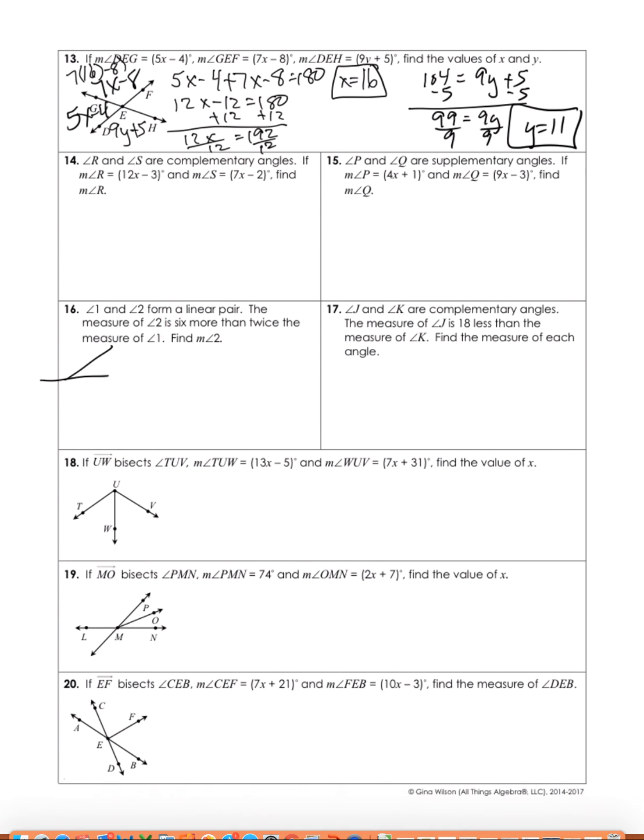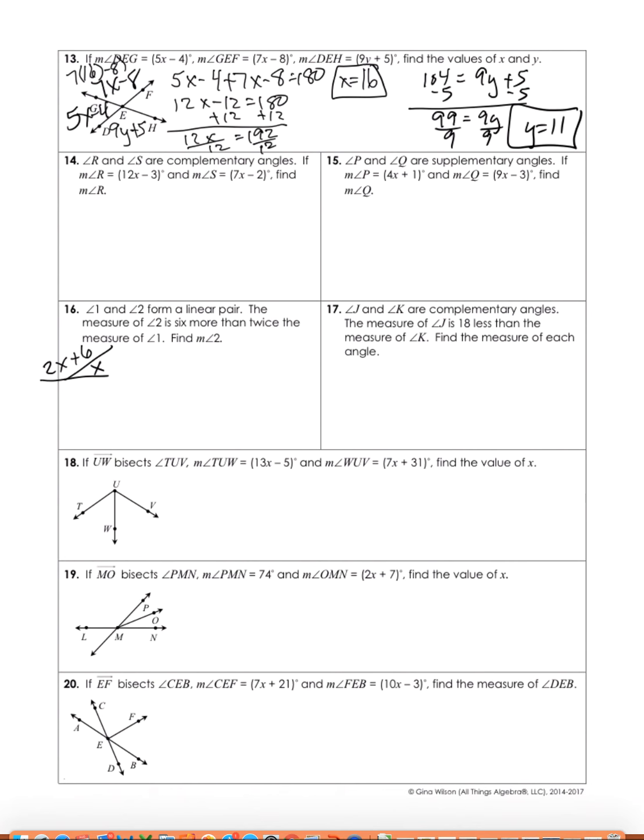So you're going to call angle 1 your x, okay? And then to find angle 2, I'm going to say 6 more than twice angle 1. So angle 1 is x, twice angle 1 is 2x, and 6 more than that means add 6.